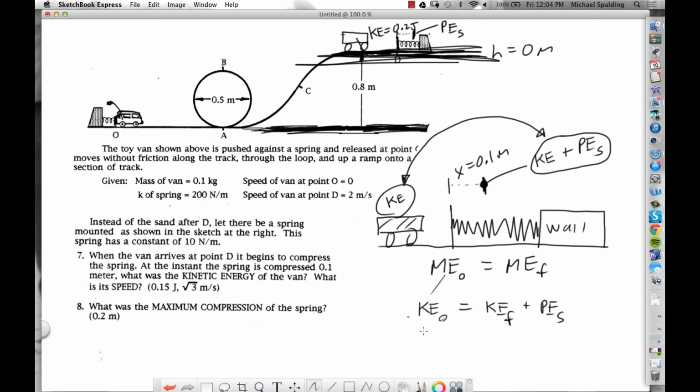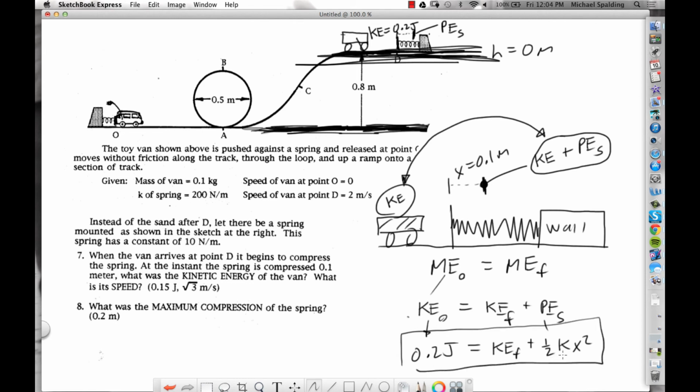All right, what was kinetic initial? 0.2. Kinetic final is what we're looking for, right? So we'll just put kinetic final. And for potential of spring, that's 1/2 kx squared. Do we know what k is? Yeah. Do we know what x is? Yeah.